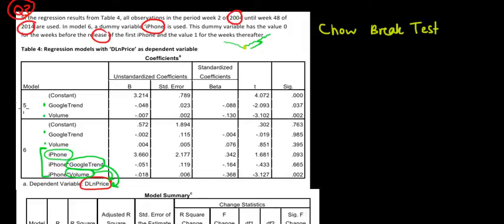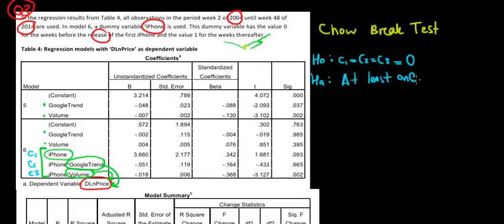We have to take this into account in the model. Now, because we add these 3 variables, first of all, let's write the hypothesis to have them clear. Let's call the coefficients C1, C2, C3. The null hypothesis is that C1 = C2 = C3 = 0, so there will be no effect from adding these additional variables to the model. The alternative is that at least one additional coefficient will be significant, such that there will be a joint effect of adding them to the model.